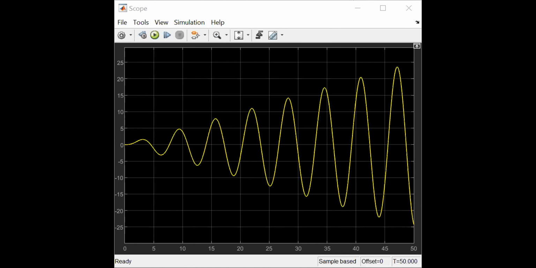This is called the overshoot of the system. The system overshot. It went beyond 1. Even though our input was 1, the system went beyond 1. This is called overshoot.